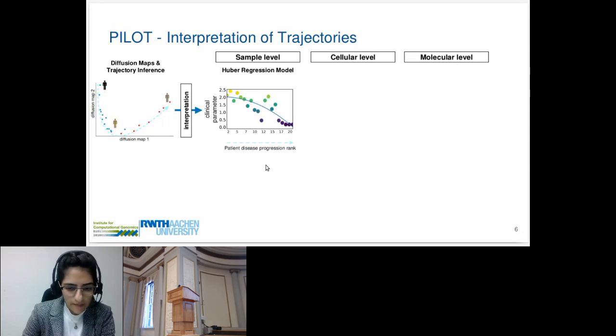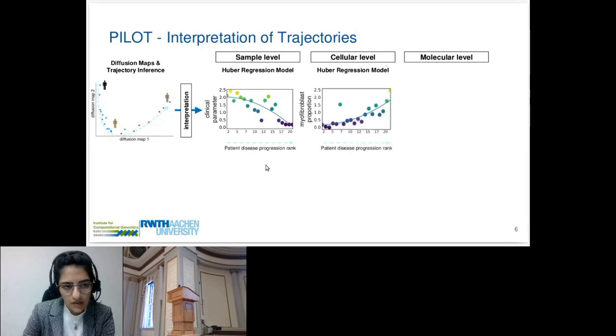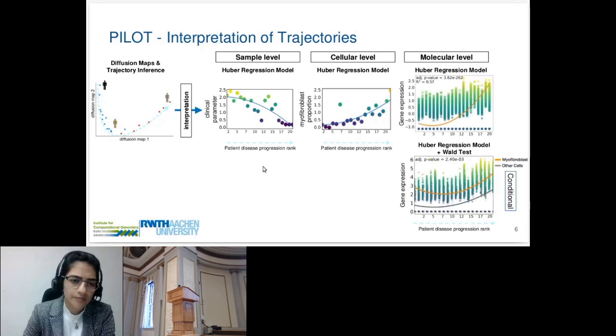At the sample level, we were interested in clinical parameters like age and different tissue structures, and whether there is any connection with the disease trajectories. At the cellular level, we check the cell type frequencies, to see if there are linear, quadratic, or nonlinear changes along the disease trajectory. At the molecular level, we find the expression patterns for each cell type, and we can further cluster them based on the patterns.